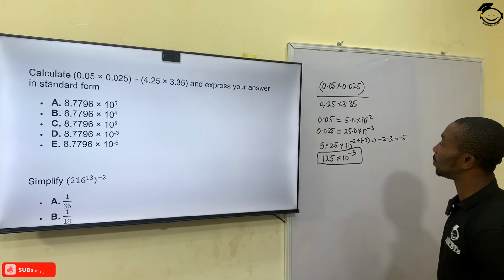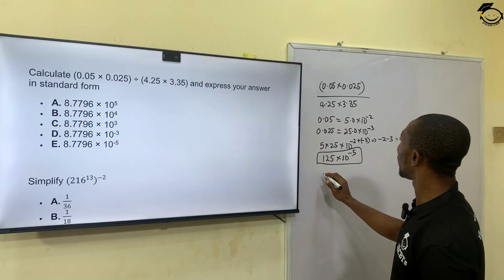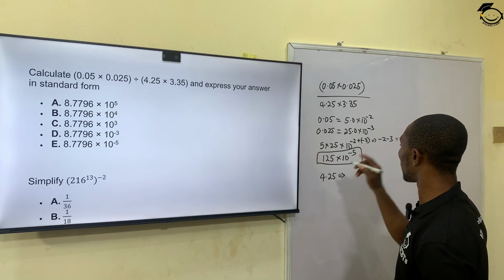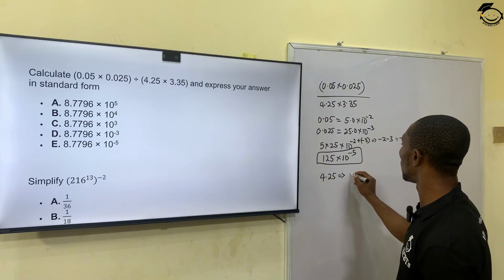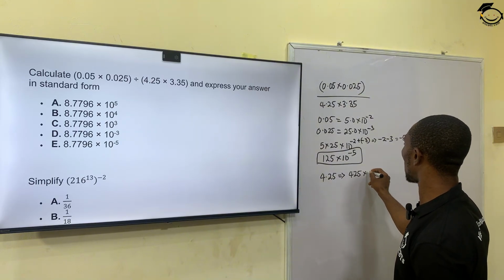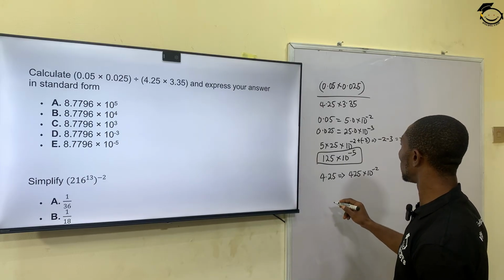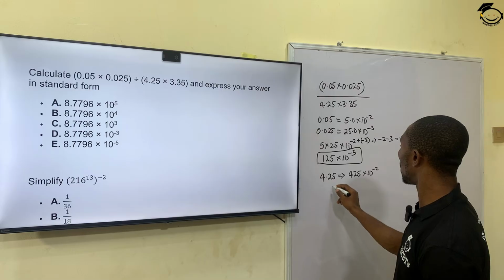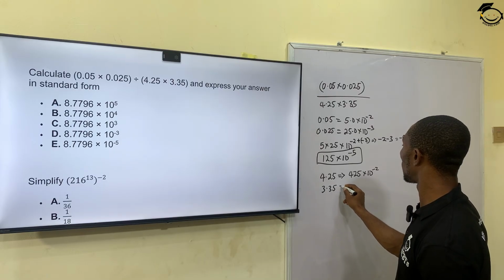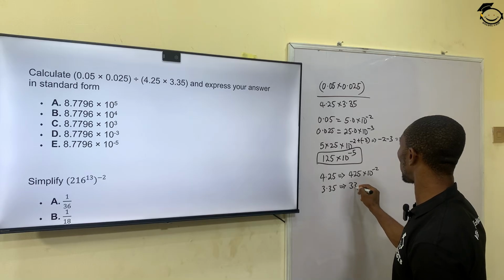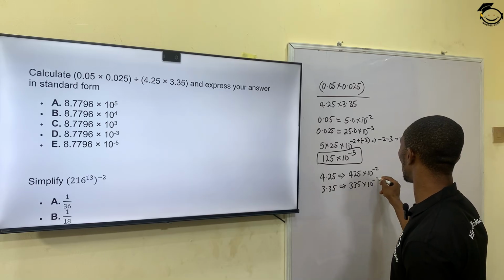Now for the denominator, we have 4.25, which we can rewrite as a whole number to be 425 times 10 raised power minus 2, and our 3.35, we can rewrite it as 335 times 10 raised power minus 2.